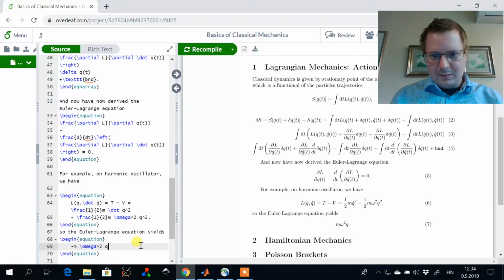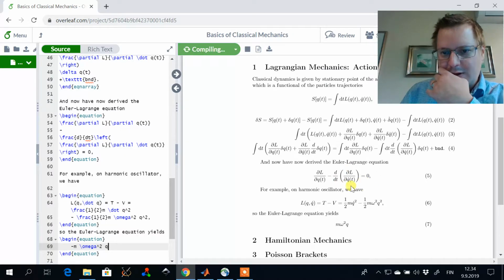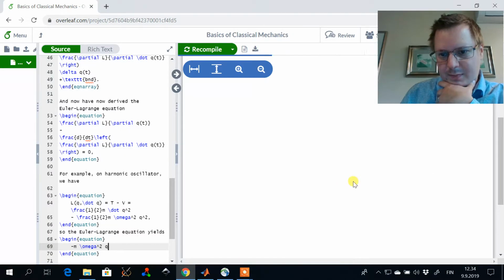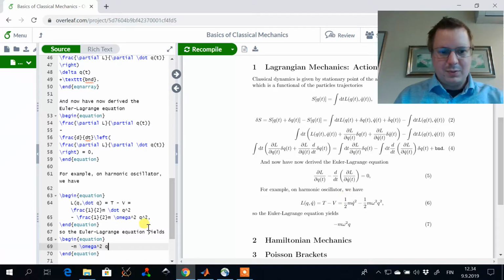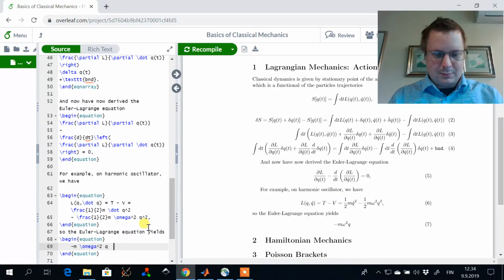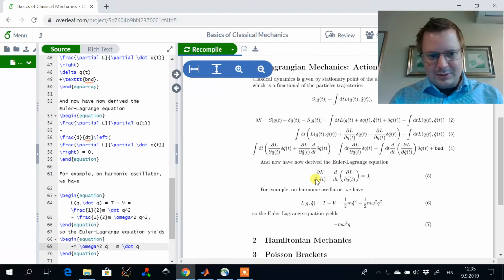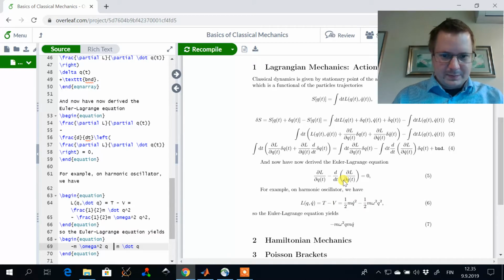And then we have the partial derivative with respect to q dot, and that will be m q dot. And then we have the minus and the time derivative of that one. So minus, and so we have m q double dot.